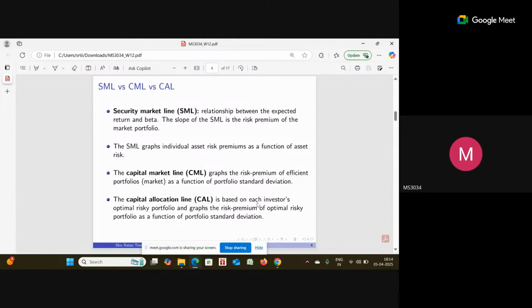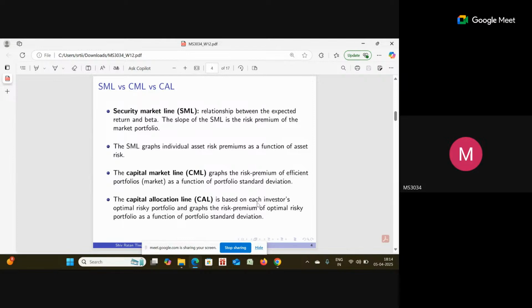Okay. And CAL is when we get a risky portfolio and connect it to the risk-free rate; the line which we get, we call the CAL, the capital allocation line, which we learned earlier. So CML is a special case of CAL, where this risky portfolio consists of the overall market portfolio.